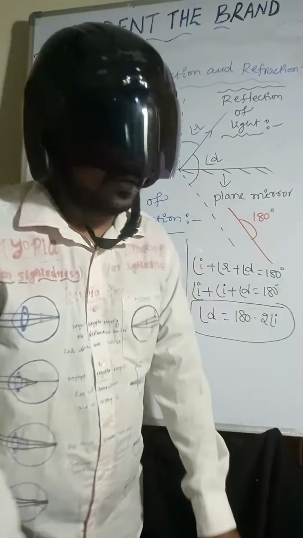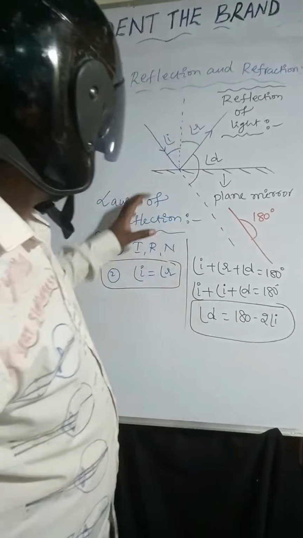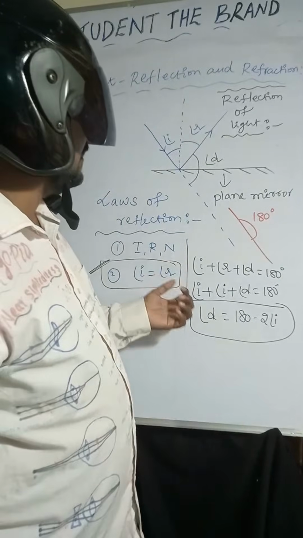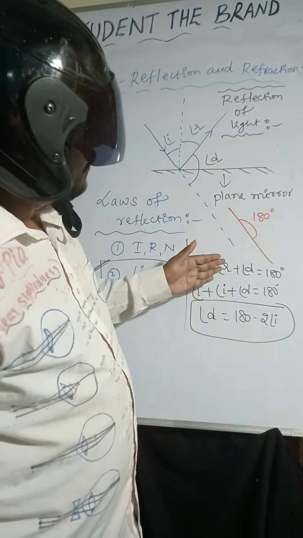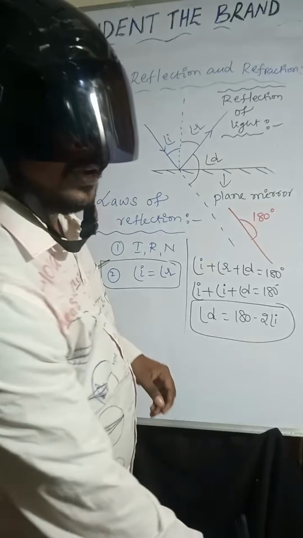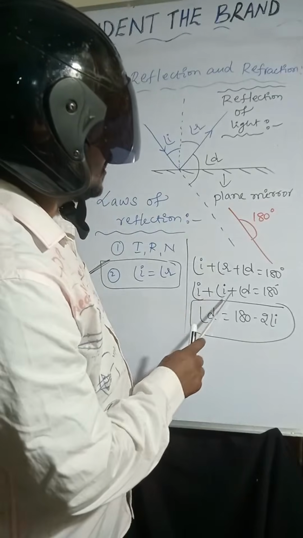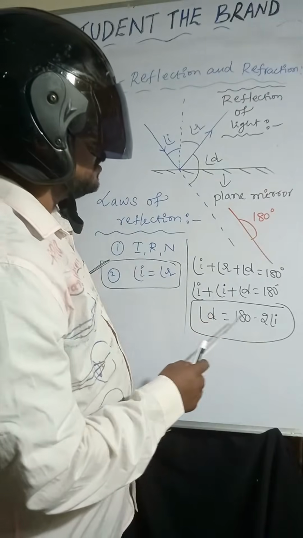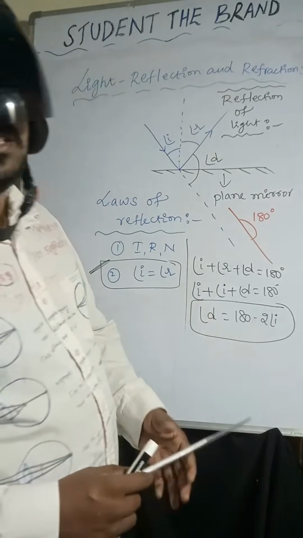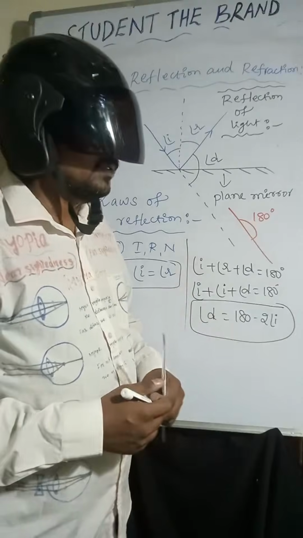I hope it is very clear to you all, because from laws of reflection, angle of incidence is equal to angle of reflection. So instead of angle of reflection, I am substituting angle of incidence, so that I can take angle of deviation equals 180 minus 2 angle of incidence. So everything is clear, right?